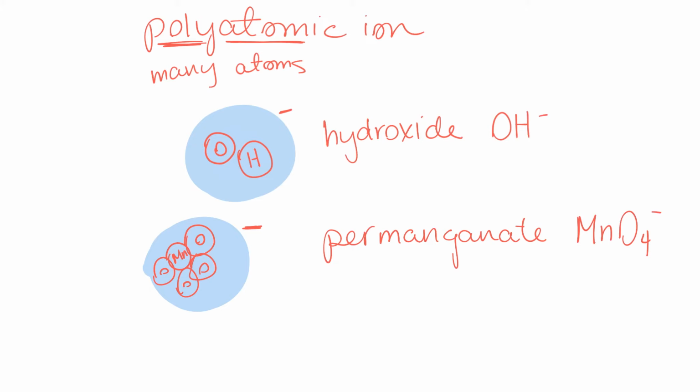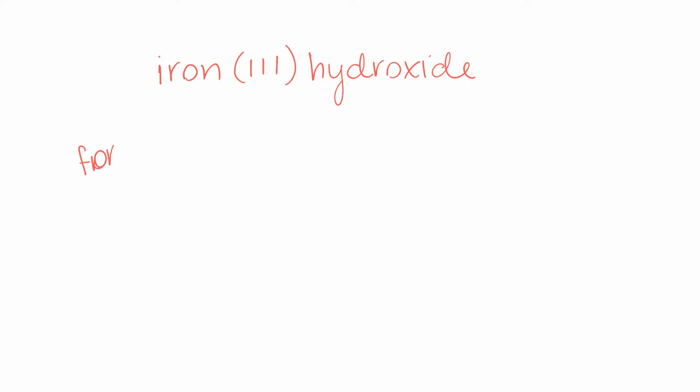So let's look at what this is going to look like. Let's say, for example, I'm going to tell you iron III hydroxide. Here's the name, and I want you to tell me the formula, or draw it, as we would say. So that means I want to know the symbols.